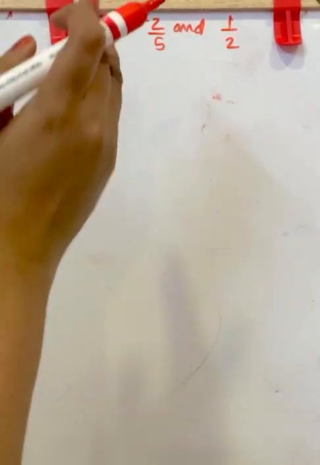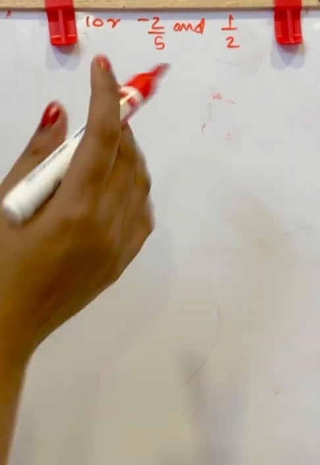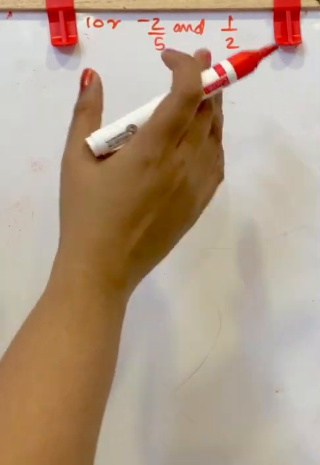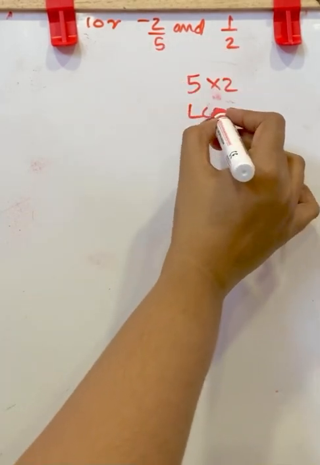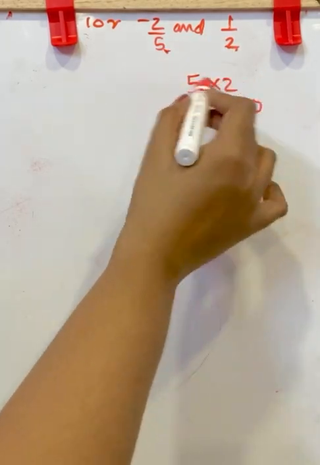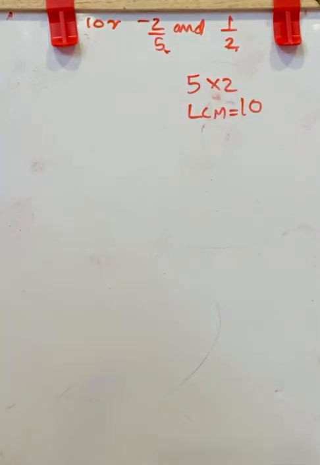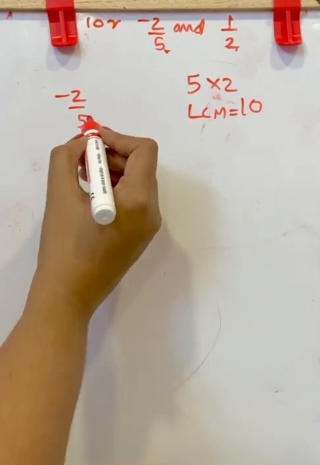If it is a composite number, you can do prime factorization and find the LCM. If there is no composite number, then you should multiply these two denominators. That will be the LCM. LCM is 10 here. That is 5 into 2, the product of both denominators.